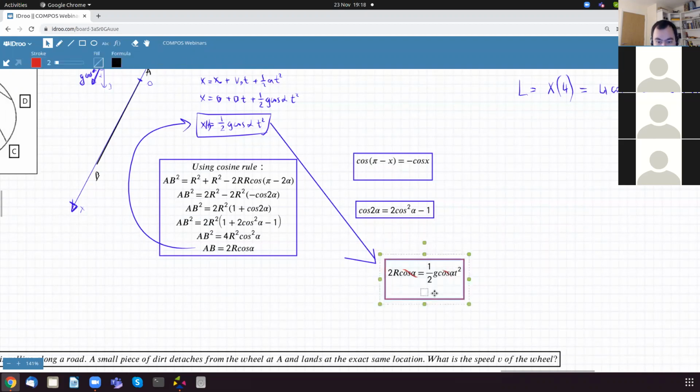And we get t squared is equal to 4r divided by g. So t is equal to the square root of 4r divided by g.